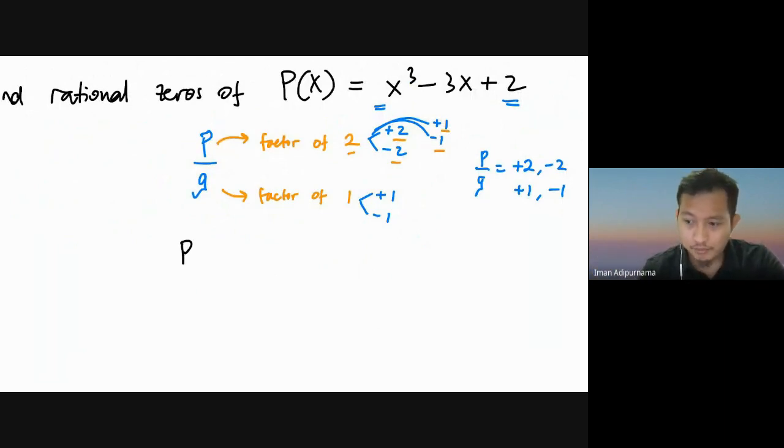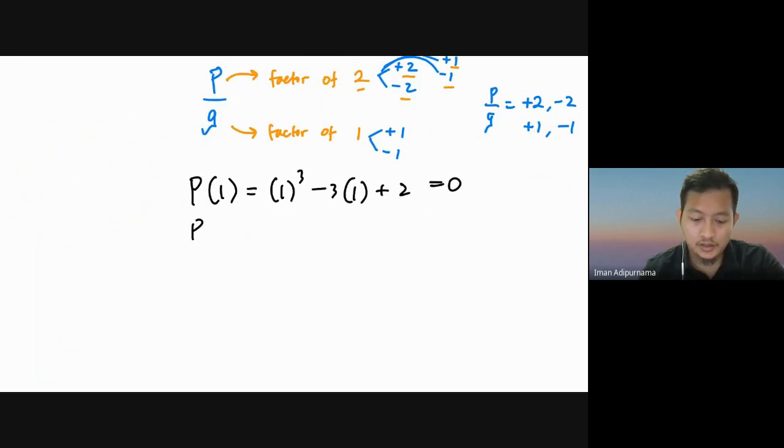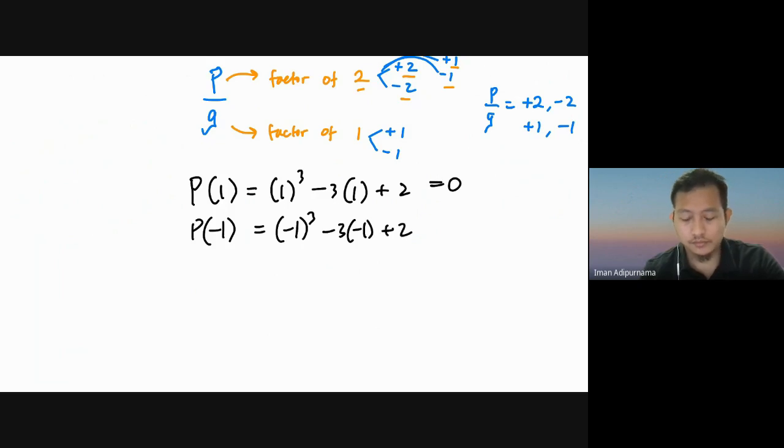We can try P with 1. It's 0. So we directly get 1 of the zeros. We check again with -1. This is 4, right? And check again with 2.